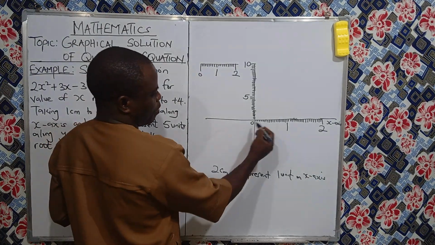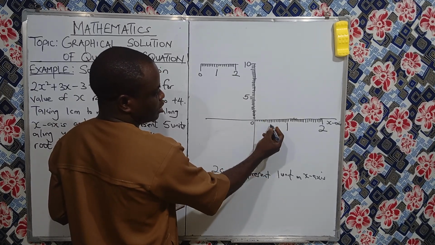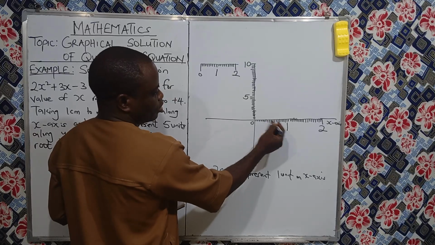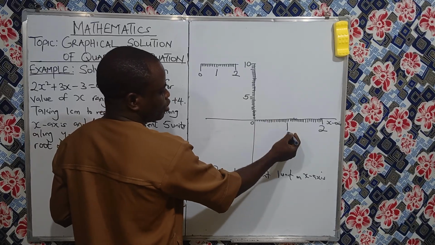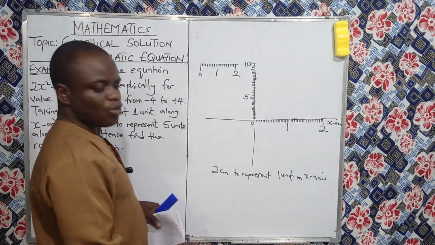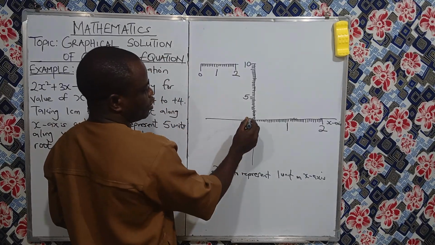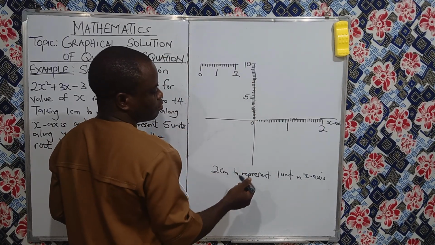That means we have 2 centimeters before you can put 1 unit, and the unit increases by 1: 0 to 1, 1 to 2. For 5 units: 0 to 5, 5 to 10.